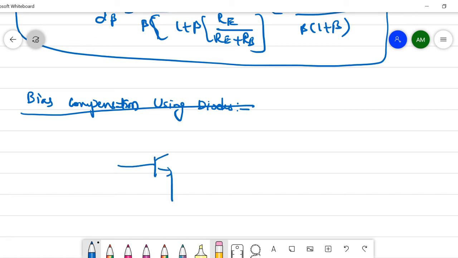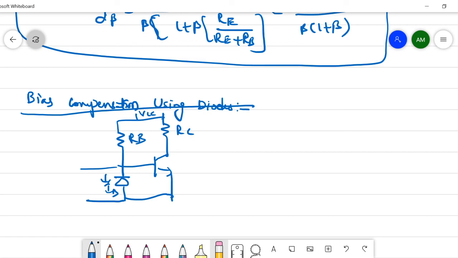This is the circuit diagram for a diode compensation method. In the self bias circuit, in the place of the resistor we use the diode. Here are the base resistor RB, collector resistor RC, the current IB, the current I0, and VBE.